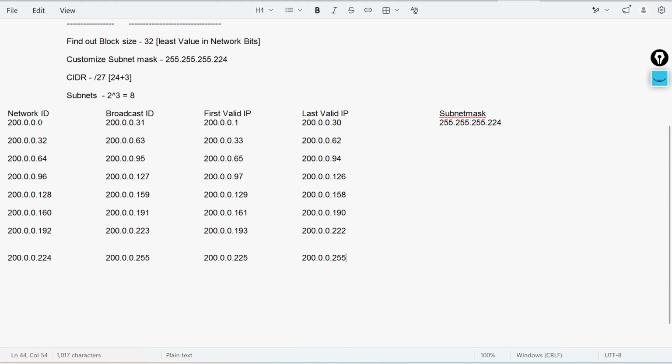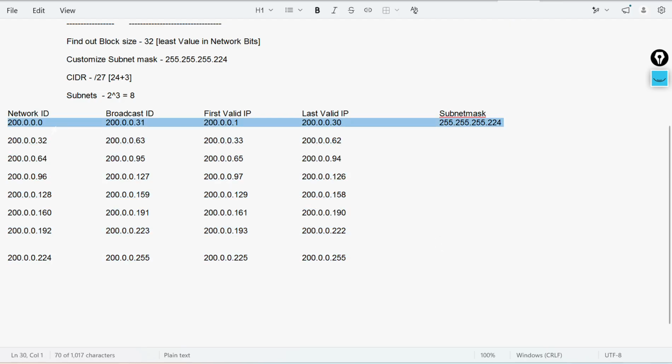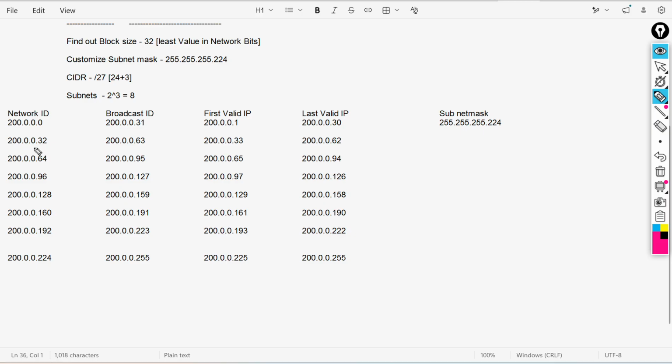So here total 8 subnets. For all these subnets, the mask is the same, 255.255.255.224. But here what happened? The first subnet range is 200.0.0.0 to 200.0.0.31, so these IPs can communicate with each other.